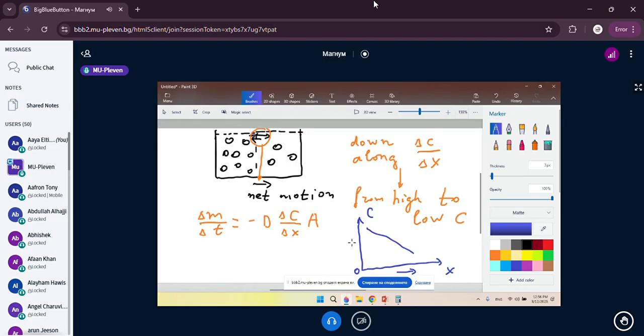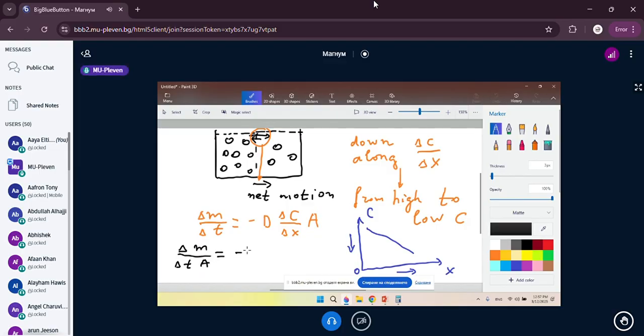However, concentration decreases. So this is reflected in the equation, showing that the process occurs from high to low, not vice versa. So let me rearrange the equation in what way? To write the cross-sectional area in the left part of the equation.